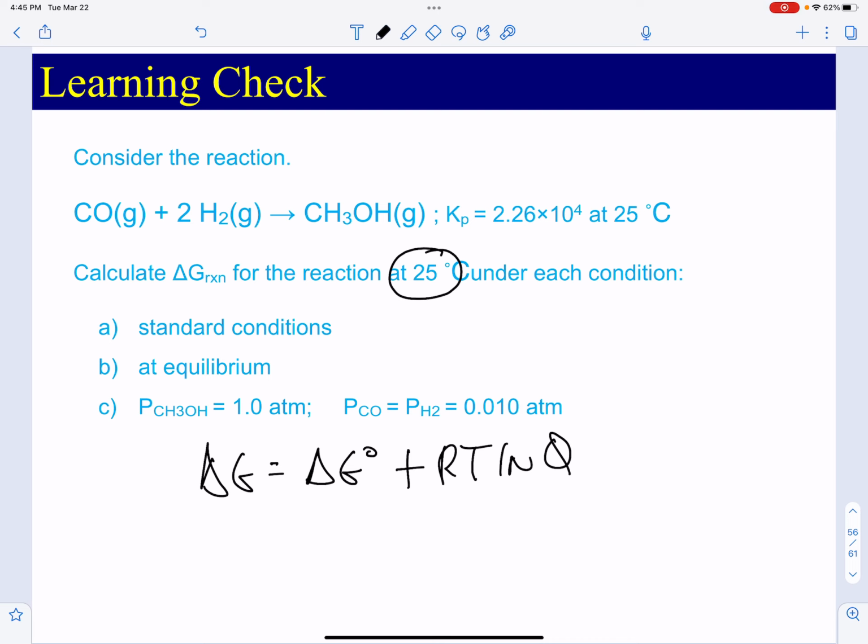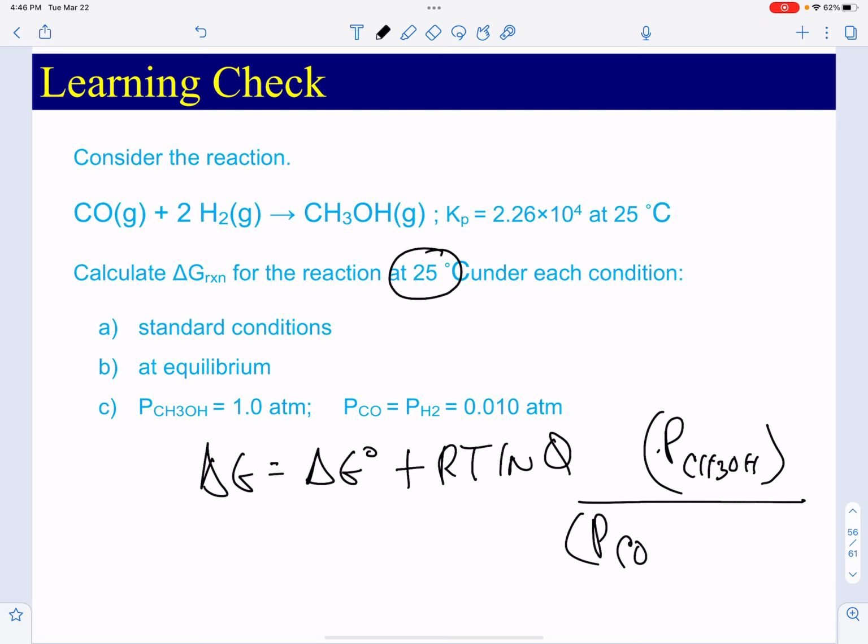Q is going to be the pressure of methanol to the power of 1 divided by the pressure of carbon monoxide times the pressure of hydrogen gas squared.